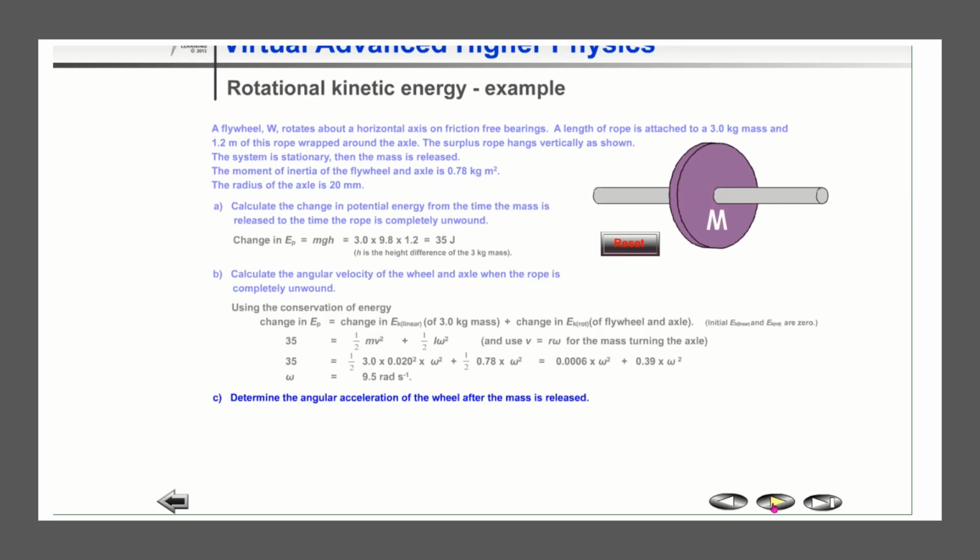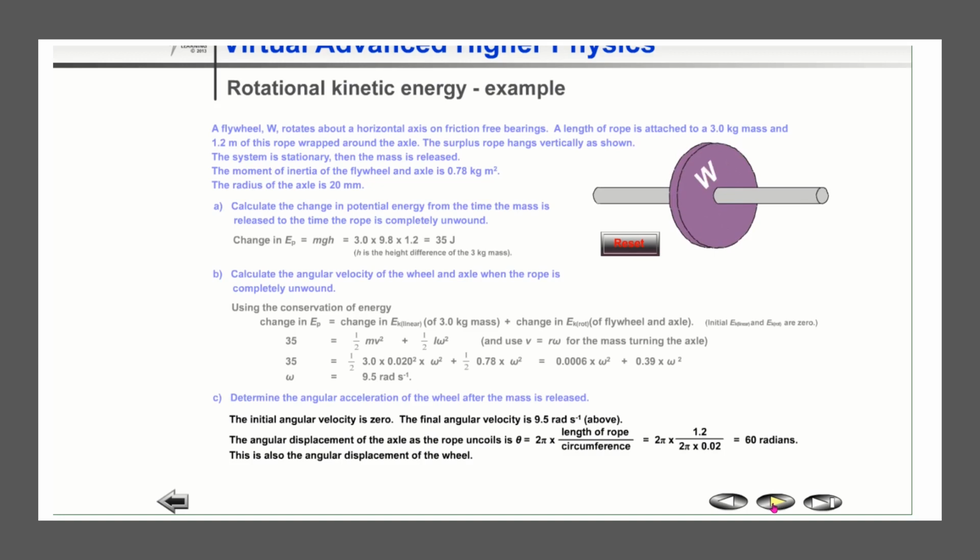Determine the angular acceleration of the flywheel after the mass is released. The initial angular velocity is 0. The final angular velocity is 9.5. The angular displacement of the axle as the rope uncoils is theta, which is 2 pi times the length of the rope over the circumference.